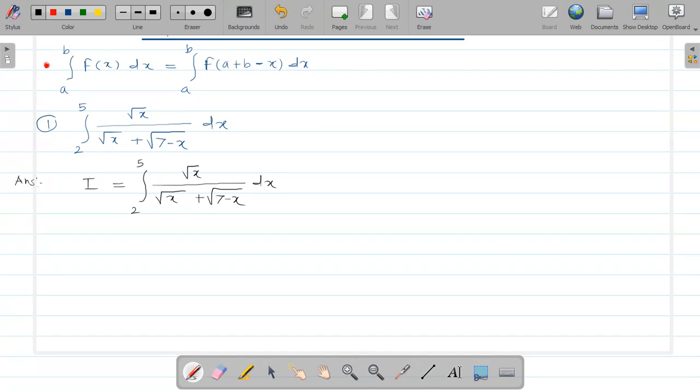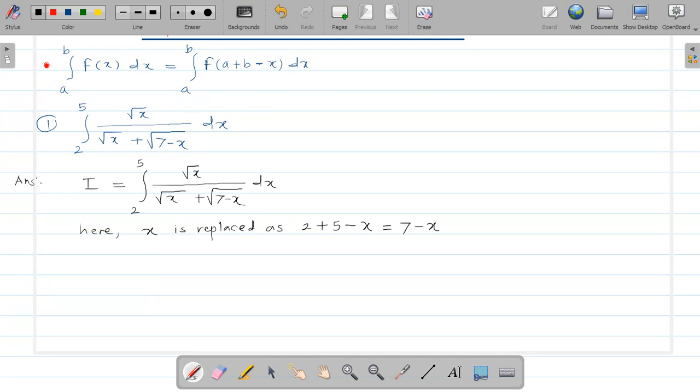Now by using this property, what do we have to replace? Here x is replaced by a plus b minus x, and a plus b means 2 plus 5, so x is replaced by 7 minus x.